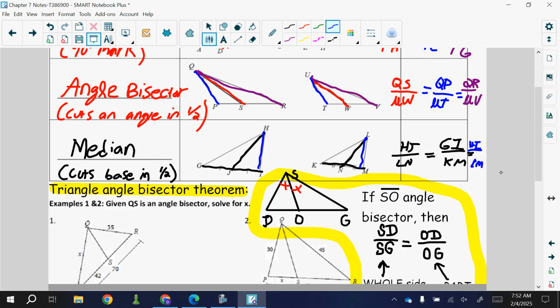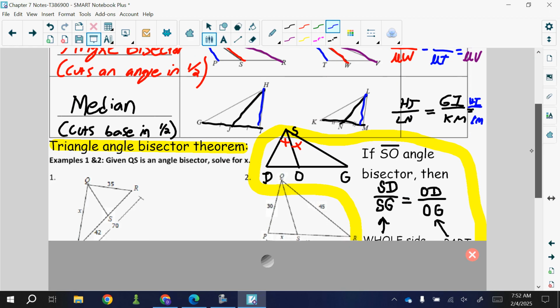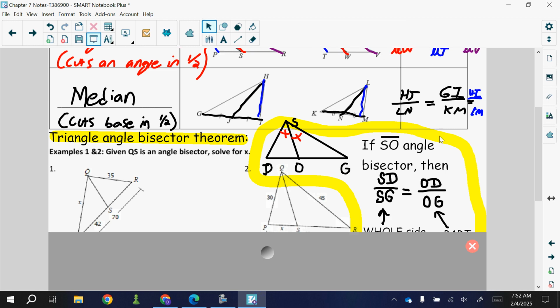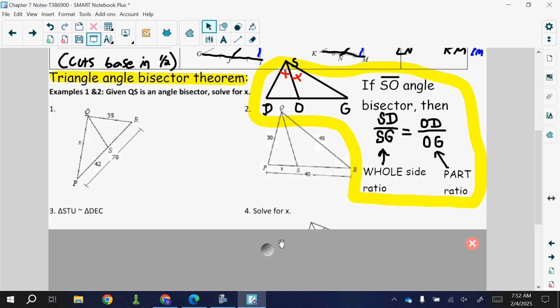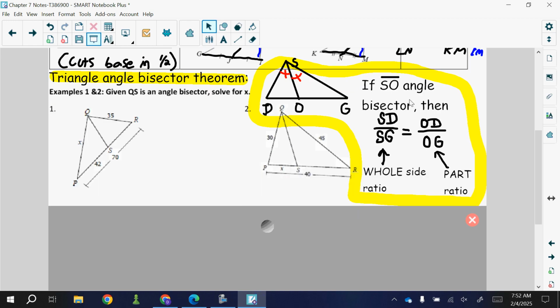Sadly, on your notes, what is debatably the most important thing from this section was missing, so you would actually have to write this part down. That's in the highlighted section. It's called the triangle angle bisector theorem.